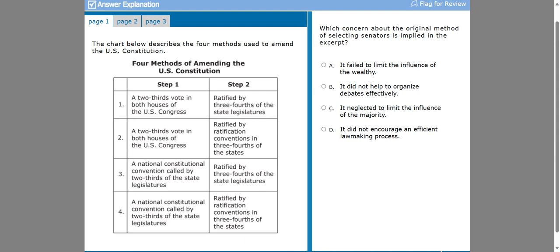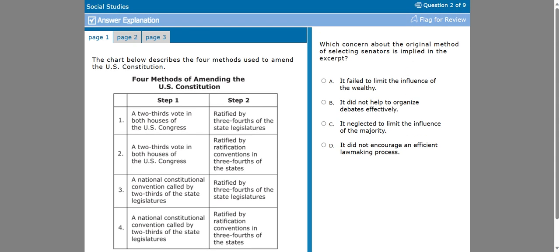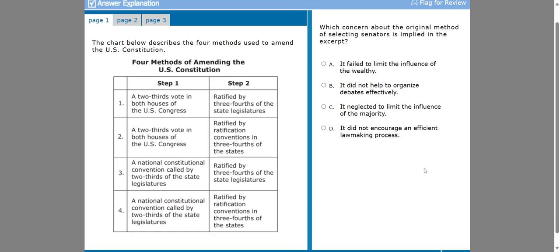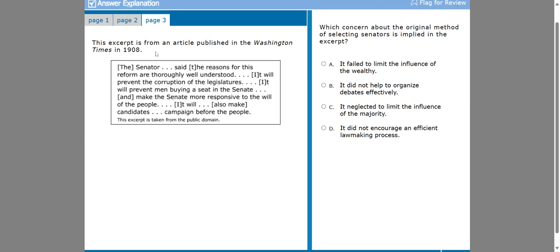The second question focuses on which concern about the original method of selecting senators is implied in the excerpt. So we need to go to the excerpt and we need to focus on what this particular piece of information is sharing with us. We do not want to look at other pieces of information.